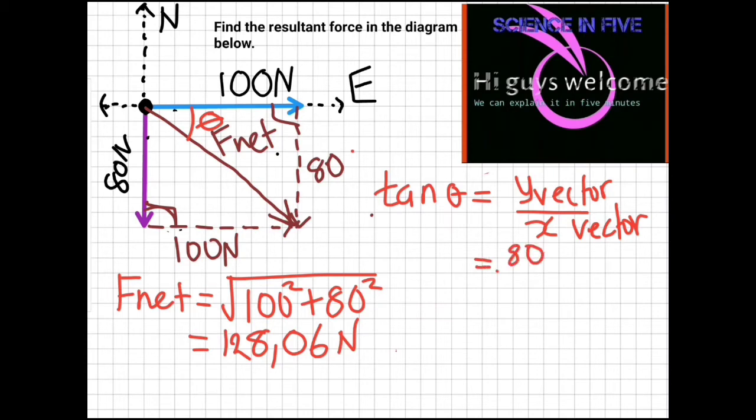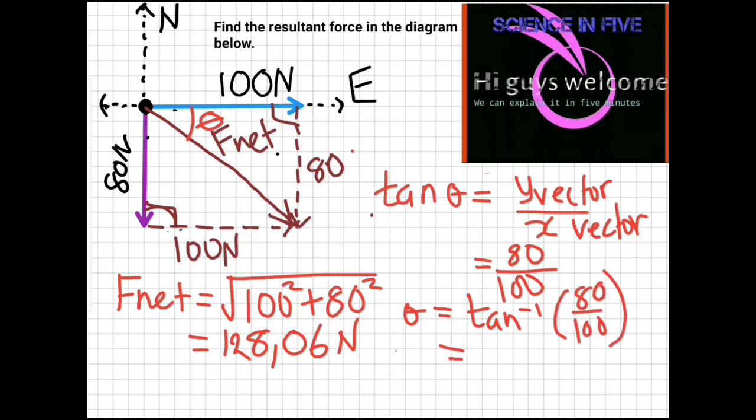So we now know that theta is equal to the inverse of tan of 80 over 100, and that becomes 38.66 degrees to 2 decimal places.